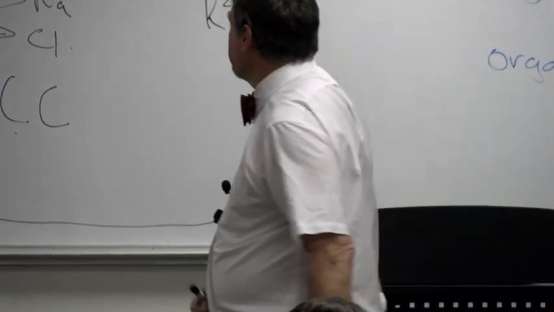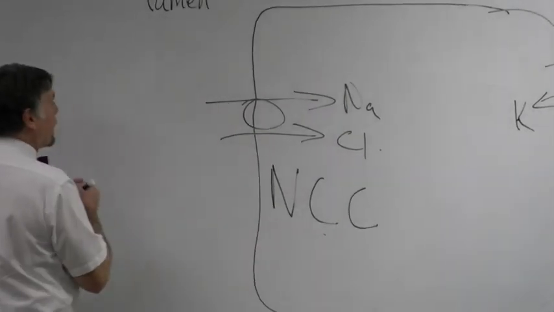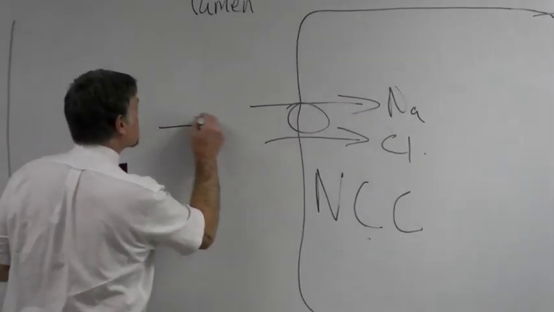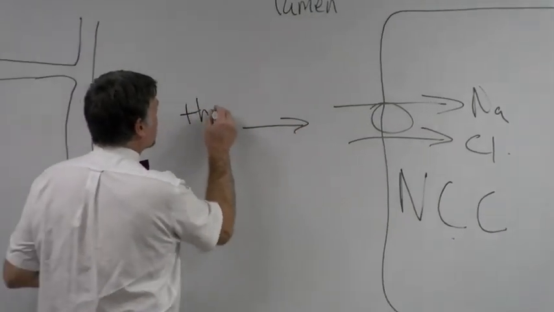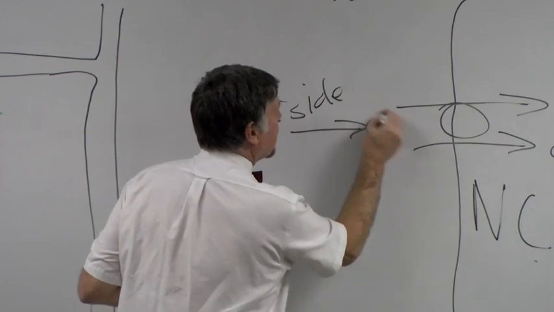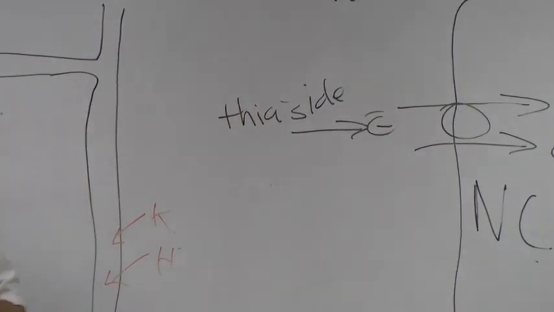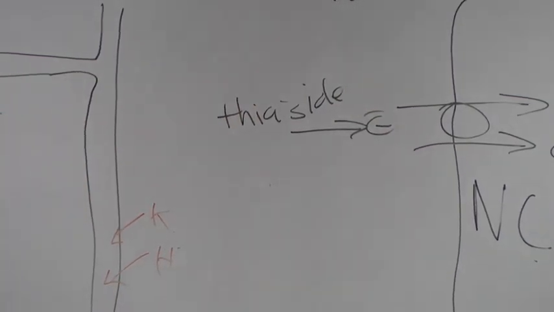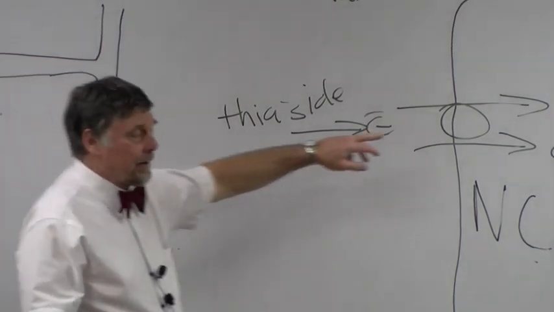Yeah. Couple of things. This is where thiazides act. So thiazides inhibit here. And also there is a disease called Gitelman's, where there is a deficiency in this NCC.